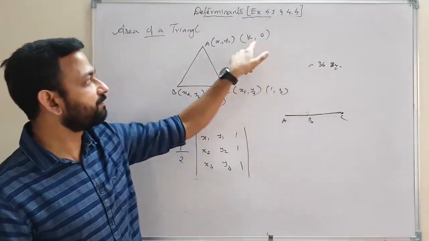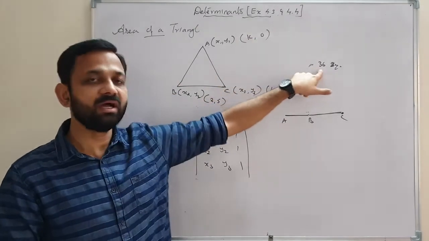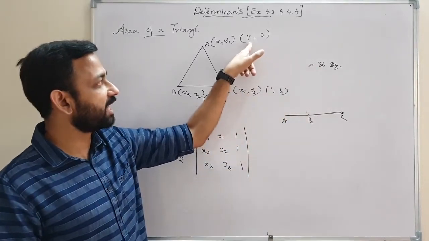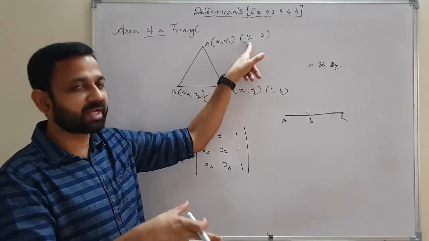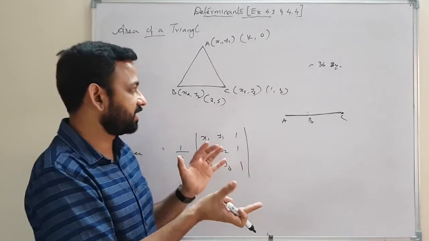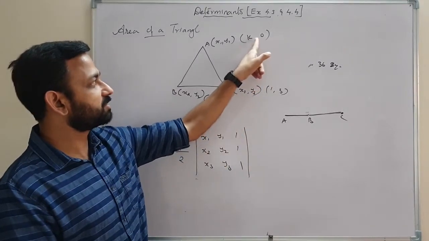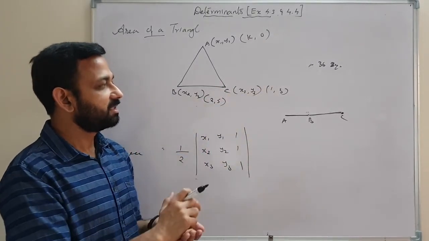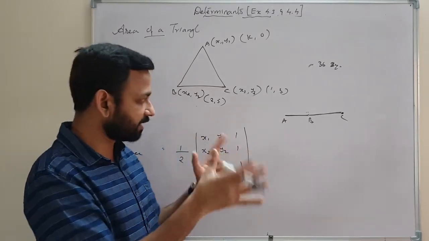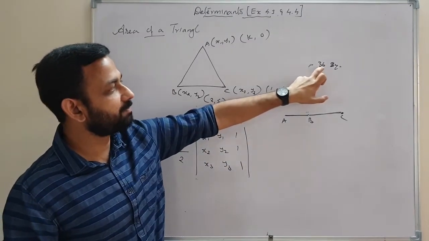To find the value of that constant, when we use the area, we have to take plus or minus 36, because that constant can be positive or negative, since the triangle can be in any quadrant. Triangles can be in different quadrants with the same area. That's why we are taking plus or minus 36.